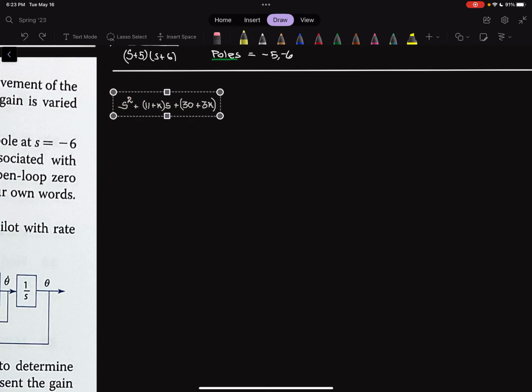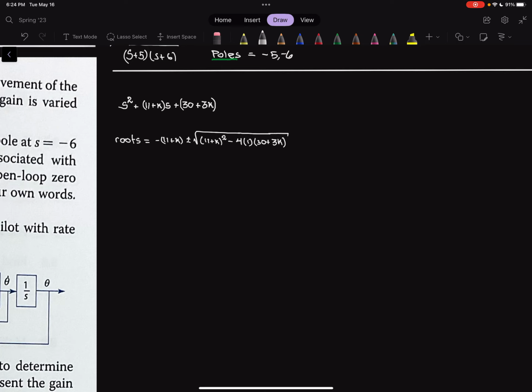The roots are equal to minus b, which is 11 plus k, plus or minus the square root of b, 11 plus k squared, minus 4 times a, which is just 1, the coefficient on the s squared, times 30 plus 3 times k.